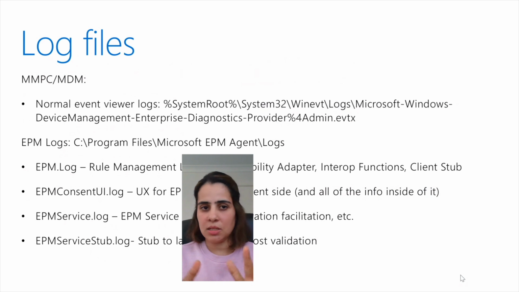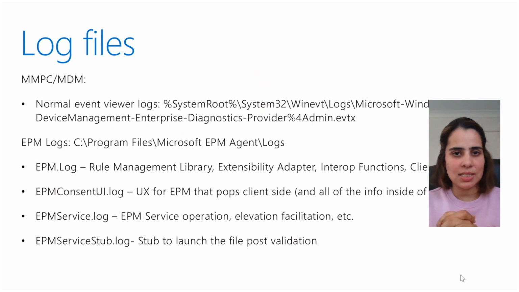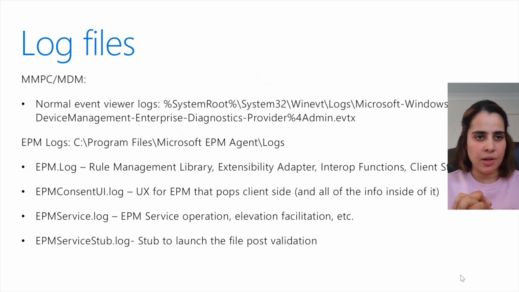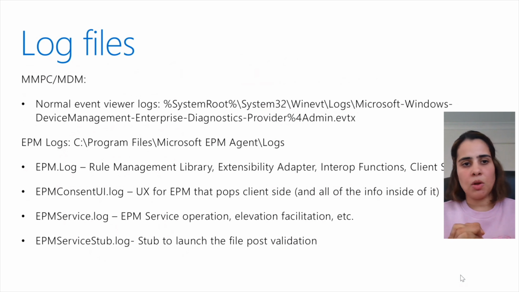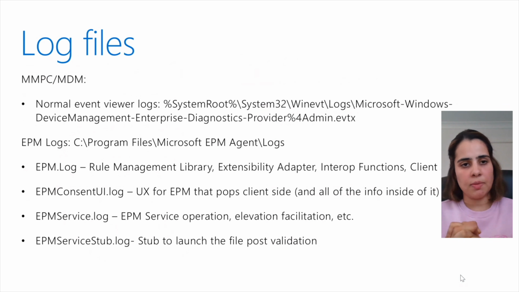First thing is look at your event viewer just to see if there are any events with MMPC or MDM. Jump on your EPM logs that are under the folder Microsoft EPM agent logs. In that log, as I said, there are different client components that get involved. So there could be an issue with the rule not coming, or the filter is not able to call the EPM service.